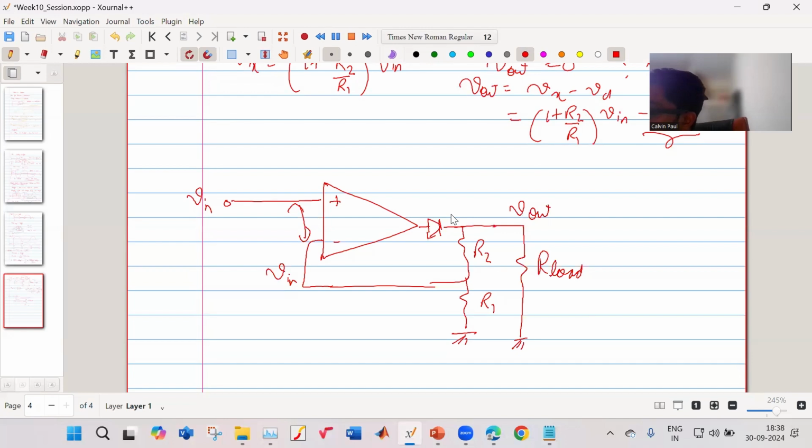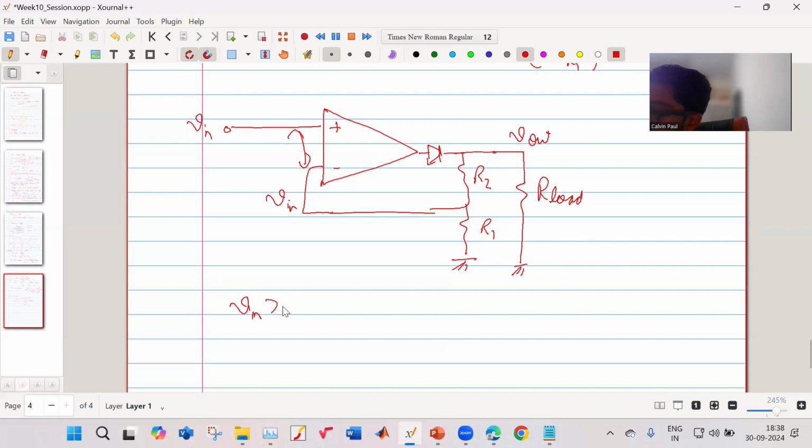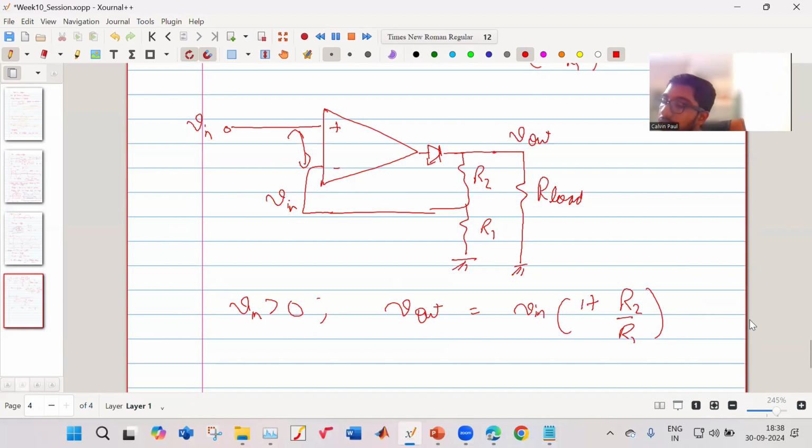What will be V out? If Vn is greater than 0, then my V out will be equal to V into 1 plus R2 by R1. It is fixed. It doesn't change. Now, if my Vn becomes less than 0, then my output also will become 0 volt.